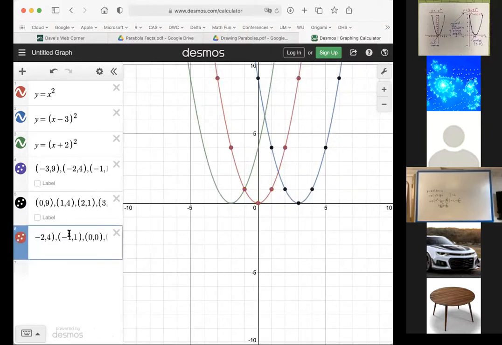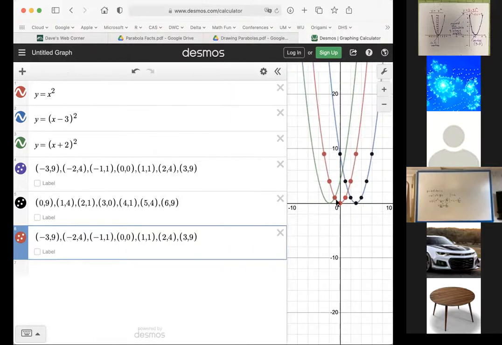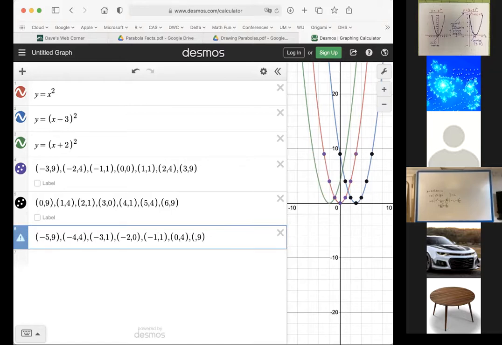Let me take all those points again, but this time I'm going to subtract 2 from every x value, and that'll put the points on the green parabola. Minus 5, minus 4. You see them happening in front of you. Minus 3, minus 2, minus 1, 0, and 1.